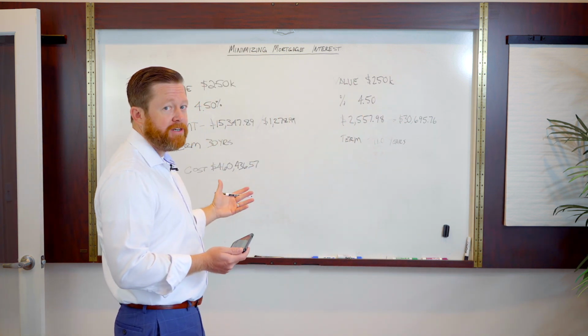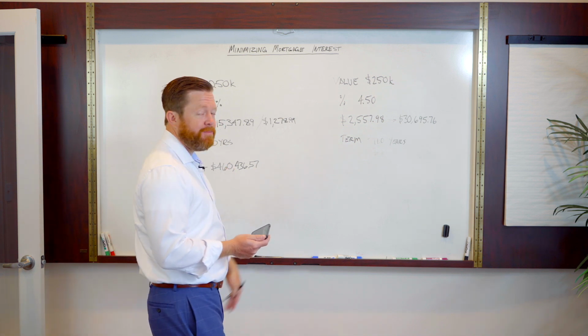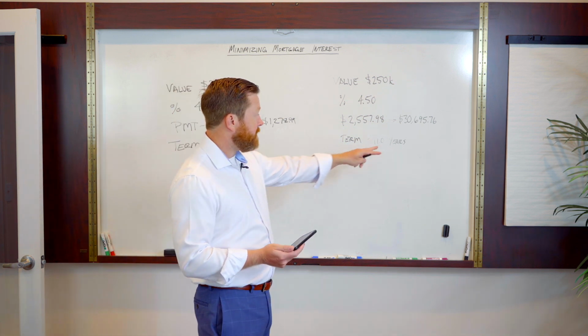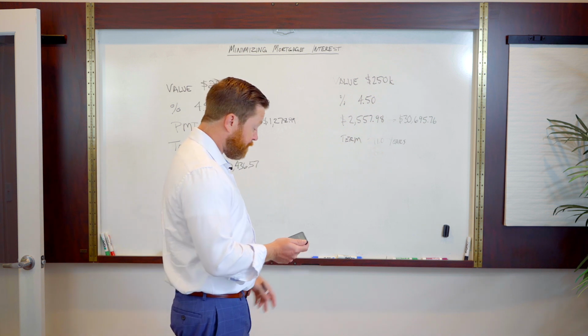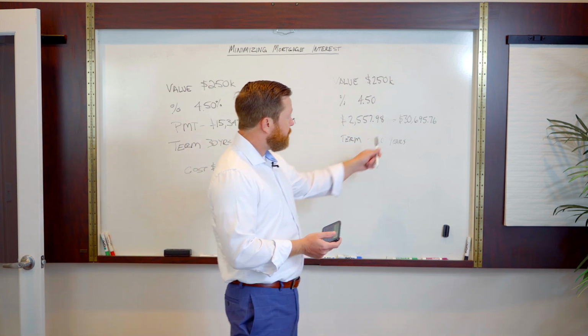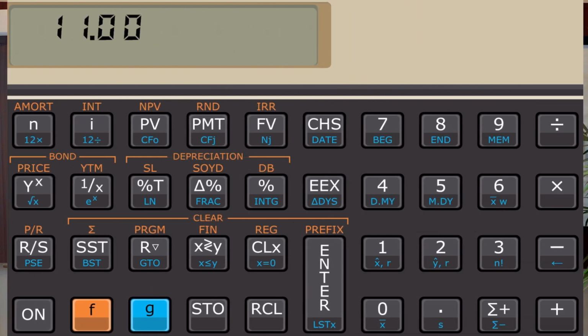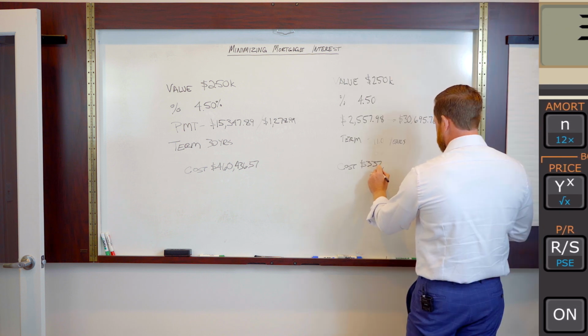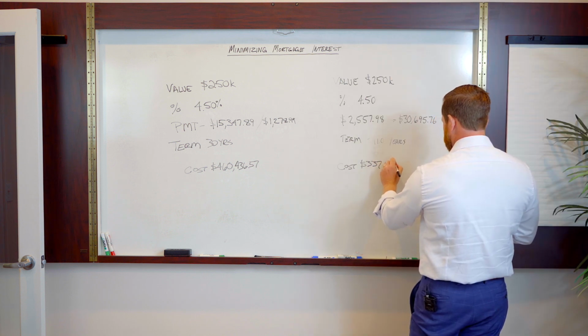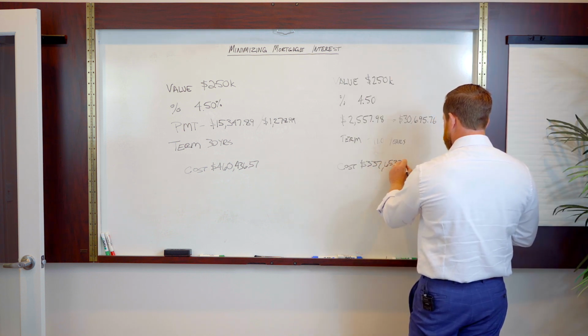So we have more than halved the time frame of how long we have to pay this. So had this come out to 15 years, obviously we'd end up with the same number, but since it's 11, there's definitely some savings here. So let's go back and we'll take our $30,695.76 and multiply that by 11 years. And now we have a total cost of $337,653.36.